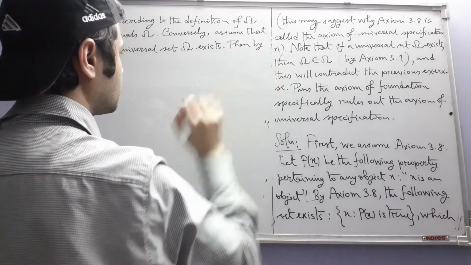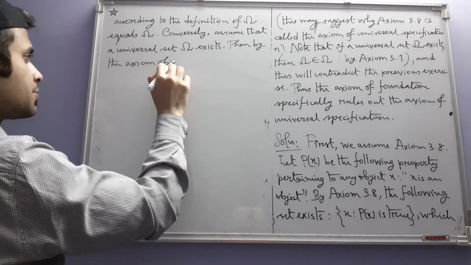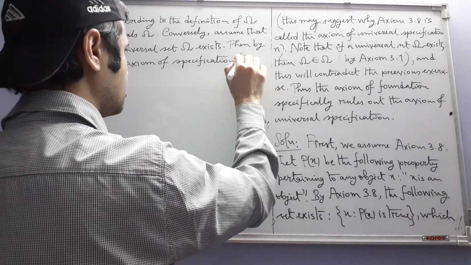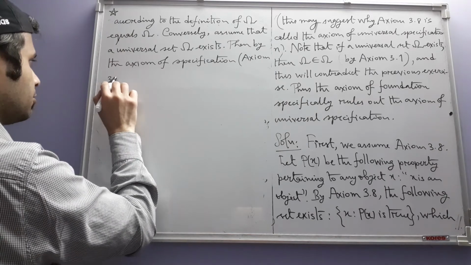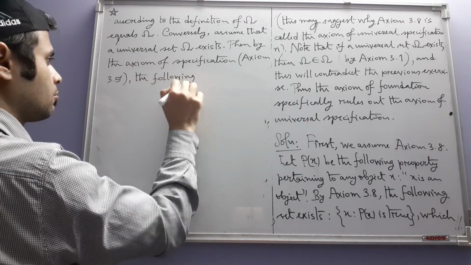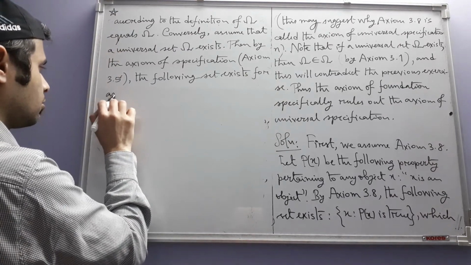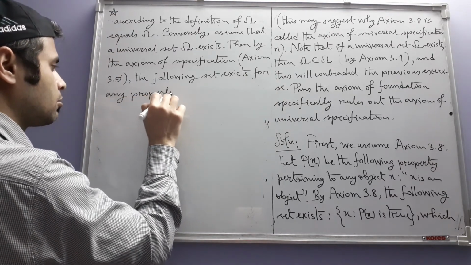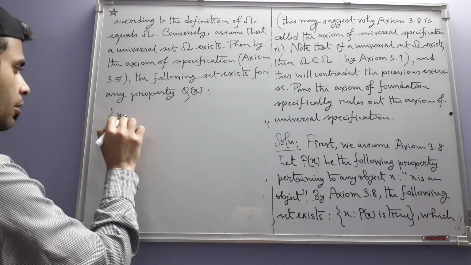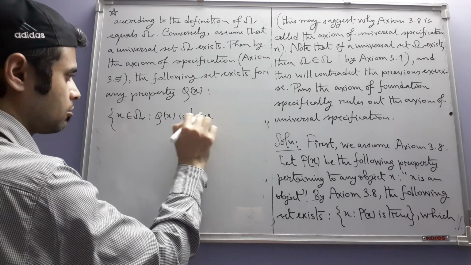Then, by the axiom of specification, which is axiom 3.5, the following set exists for any property, say Q(x): the set of x belonging to omega such that Q(x) is true.